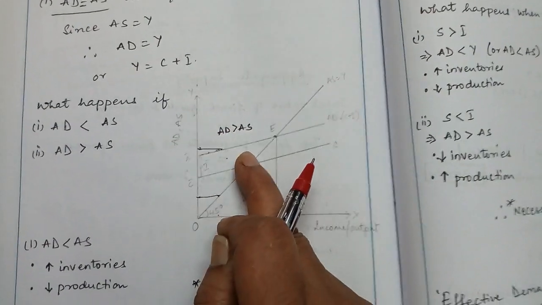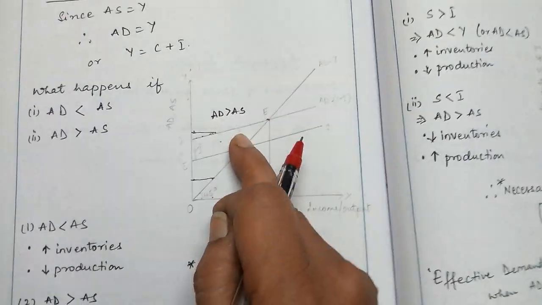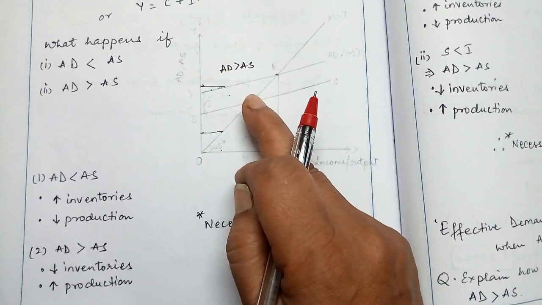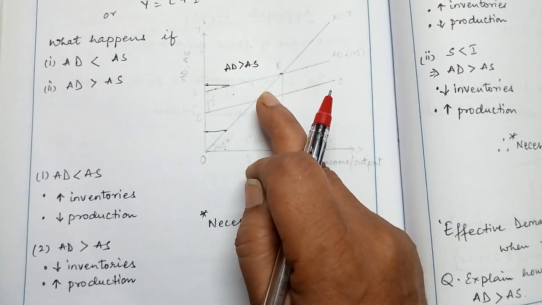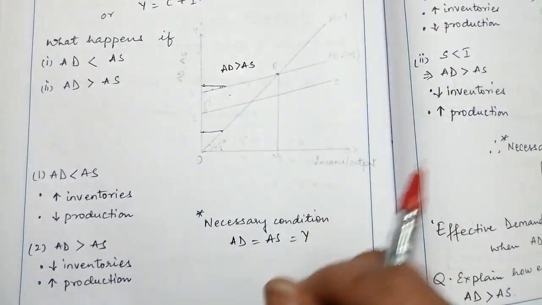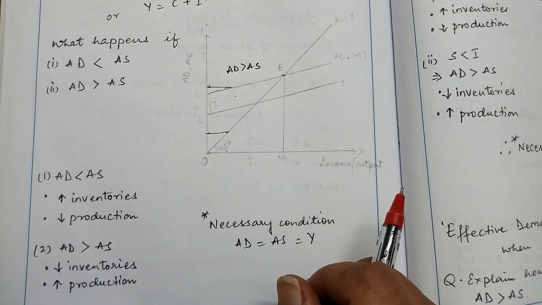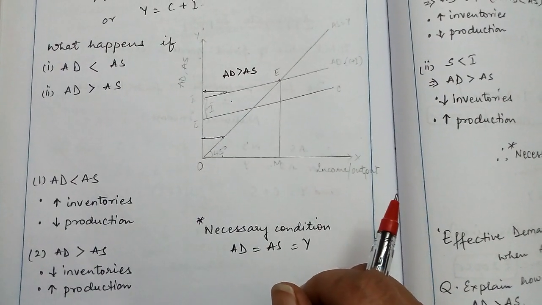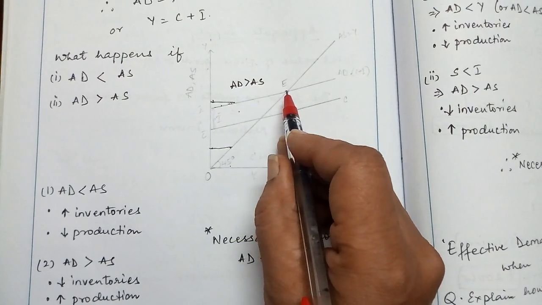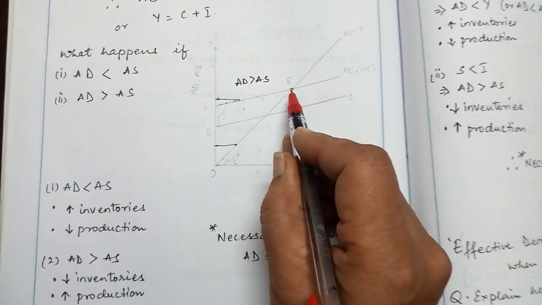When AD is greater than AS, demand is more than supply, we will fall short of the inventory, and so the firms will increase their production in order to meet the demand in the market. This will happen as long as we reach the equilibrium point.